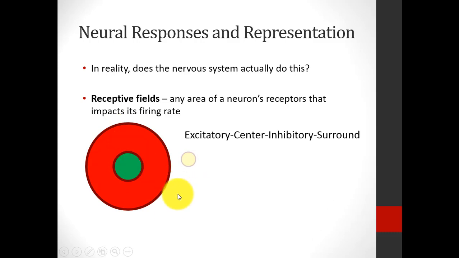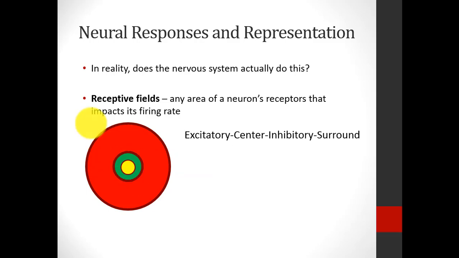And so if we were to bring some light, if nothing hits within the receptive field, the receiving neuron from this, or the receiving neurons, assuming there's a direct connect, are not going to modify their firing rate because the stimulation, in this case light, is not impinging anywhere in the receptive field.